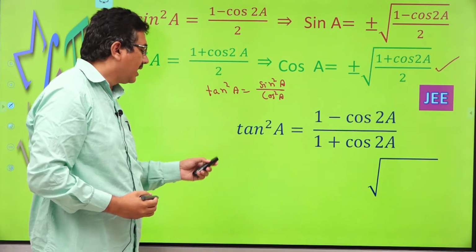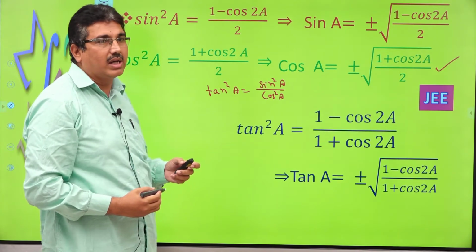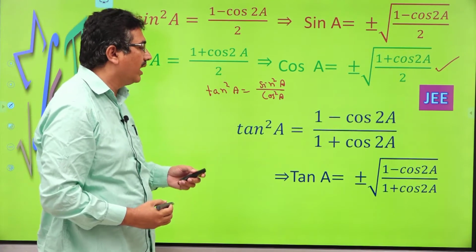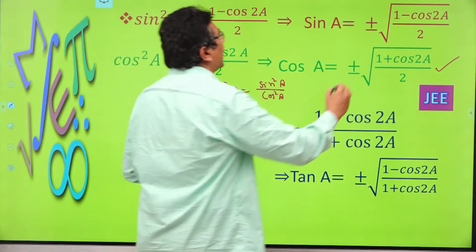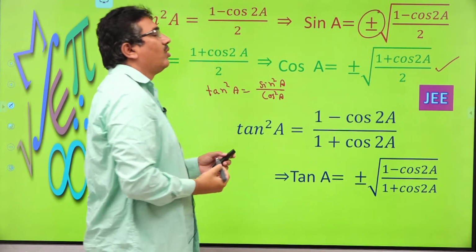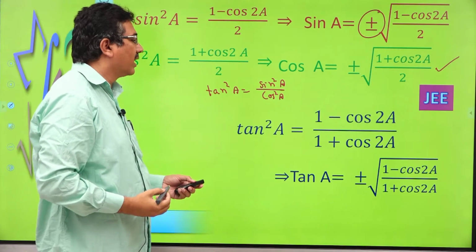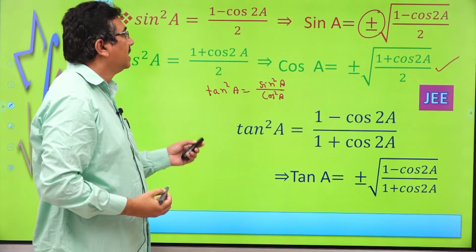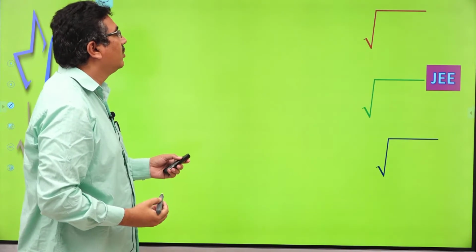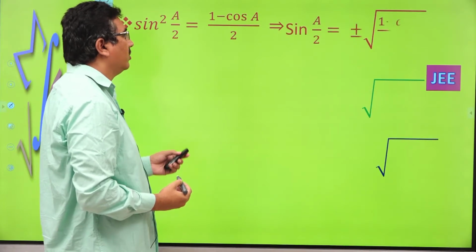From this, tan A is equal to plus or minus square root of (1 minus cos 2A) by (1 plus cos 2A). Right. Here plus or minus depends on the quadrant in which the angle A lies. Similarly, we define sin square A/2, cos A/2 and tan square A/2.